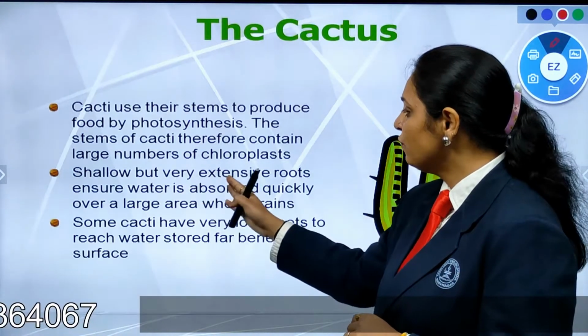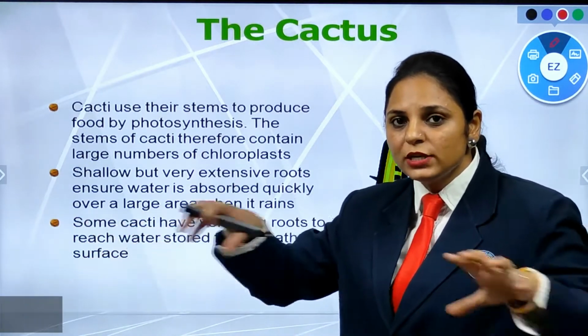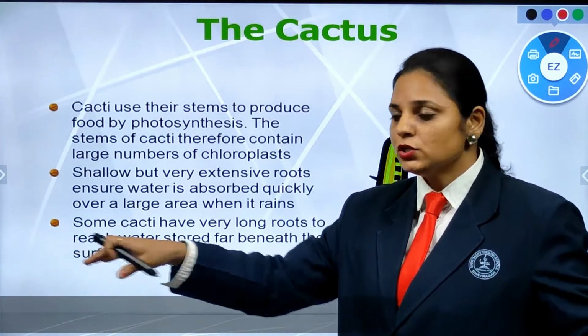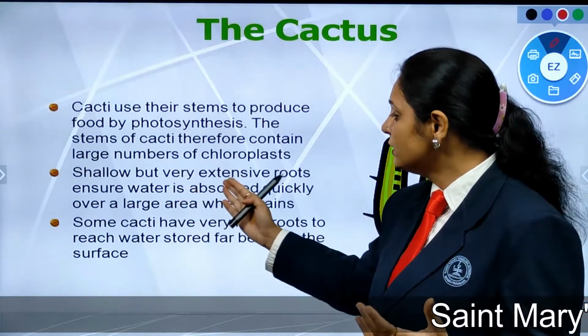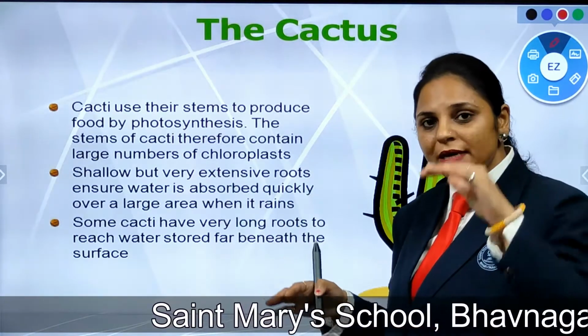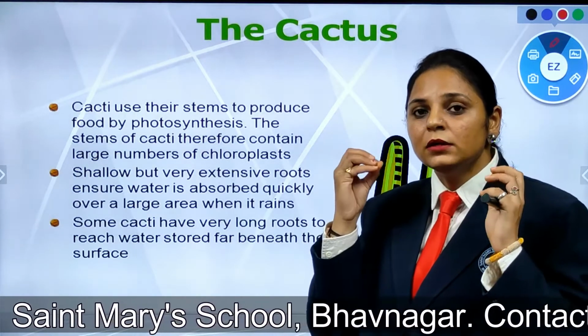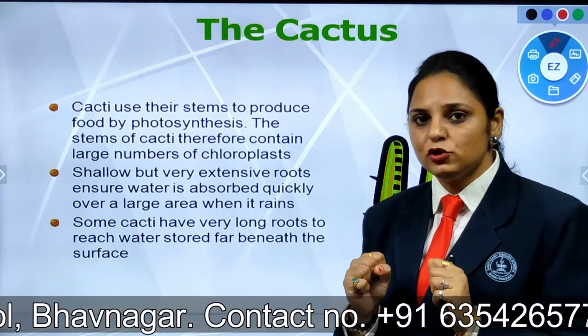The shallow but very extensive roots they have are going far into the soil, and they ensure, why is it so? To ensure water is absorbed quickly and over a large area when it rains. So that whatever minimum amount of water it gets, it just keeps on absorbing it.